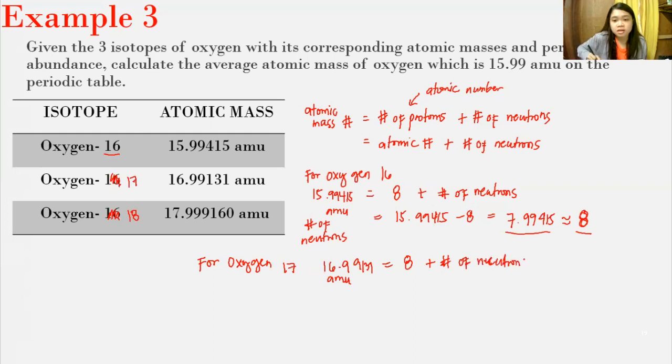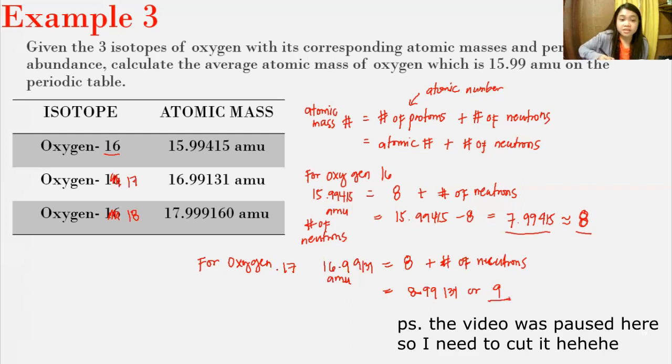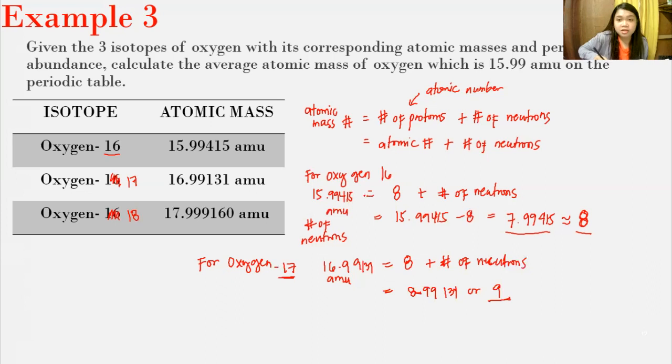Same procedure, we get 8.99131, or 9 neutrons. As you can see, they differ by one neutron. They have the same atomic number. They are both oxygen, but they differ in their neutrons.